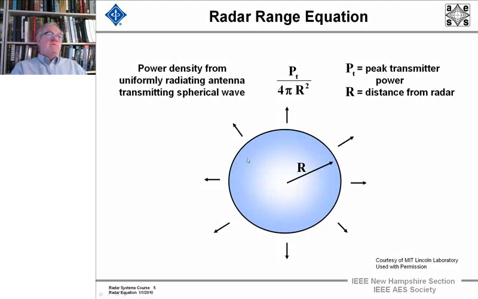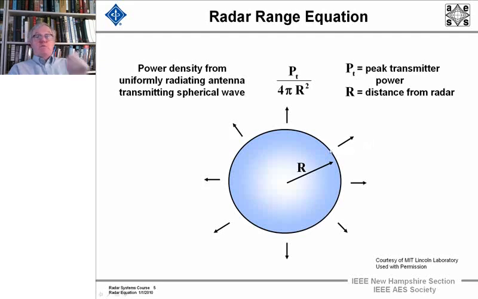Okay, now let's derive the radar equation. We're going to start with a source, a microwave source that's emitting a pulse, and here we see a spherical picture of that expanding pulse of electromagnetic energy, where PT is the peak power of the transmitter. It's sending out a pulse over a short unit of time.